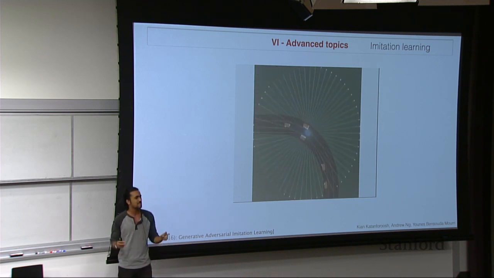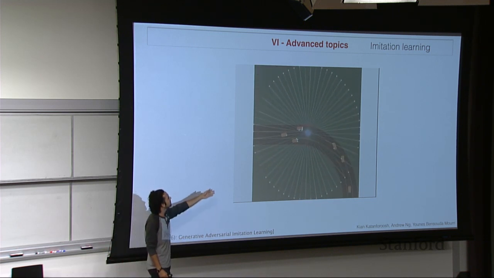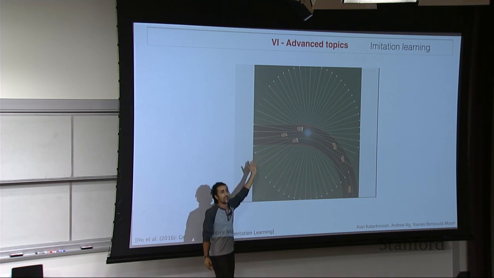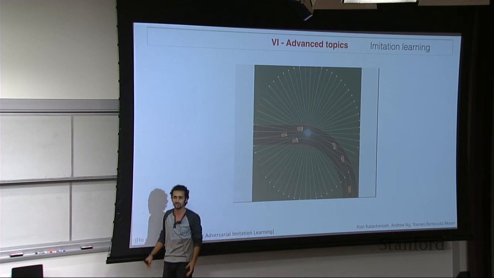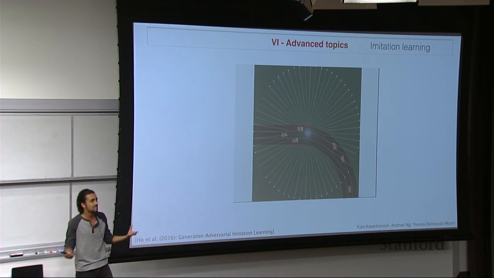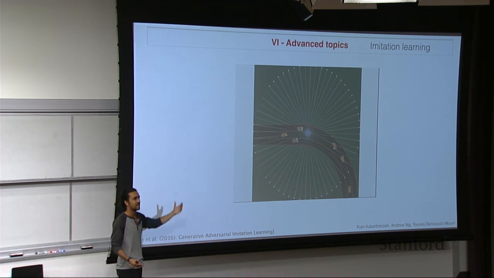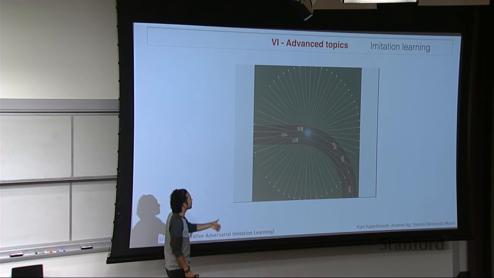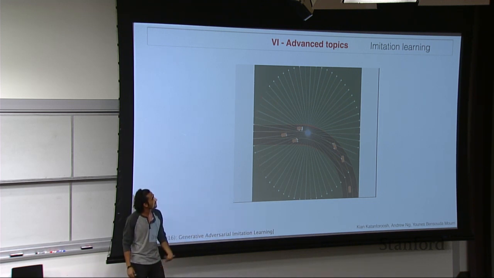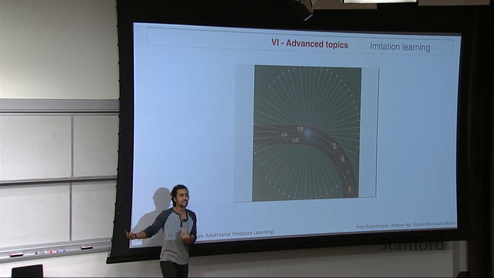But sometimes defining the reward is hard. For example, when the blue car wants to drive on a highway, what is the definition of the reward? We don't have a clear definition of that. But on the other hand, we have human experts that can drive for us, and we see, oh, this is the right way of driving. So in this situation, we have something called imitation learning, where we try to mimic the behavior of an expert.